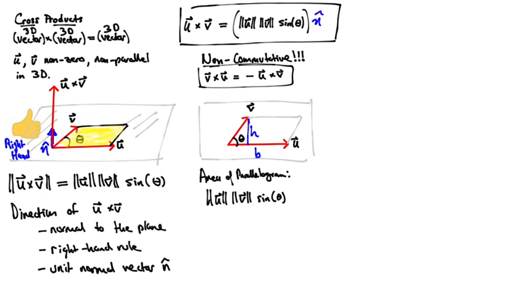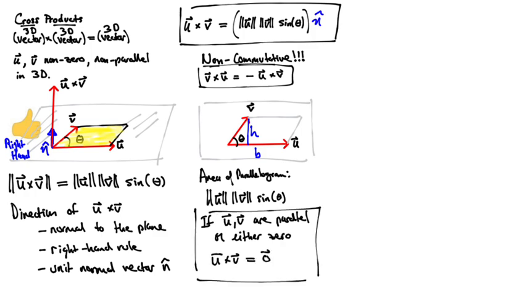If I have a very large cross product, then the area that's formed by those two vectors in that plane is very large, and conversely, if I have a very small cross product, the length of it is very small, and the area formed by those two vectors is very slim, very little area. Now, what happens if my vectors are parallel or either of them is zero? We're just going to define the cross product to be the zero vector. Zero vector, not the zero scalar.